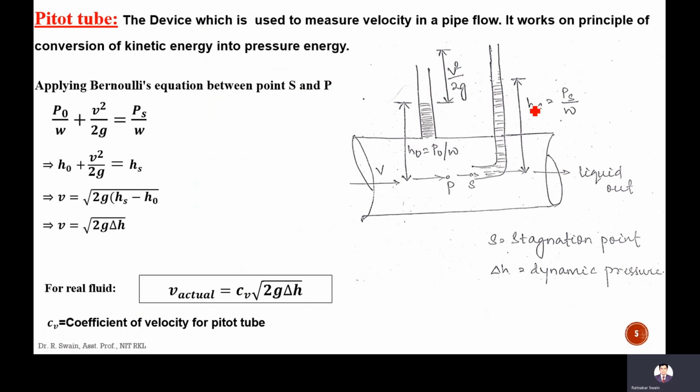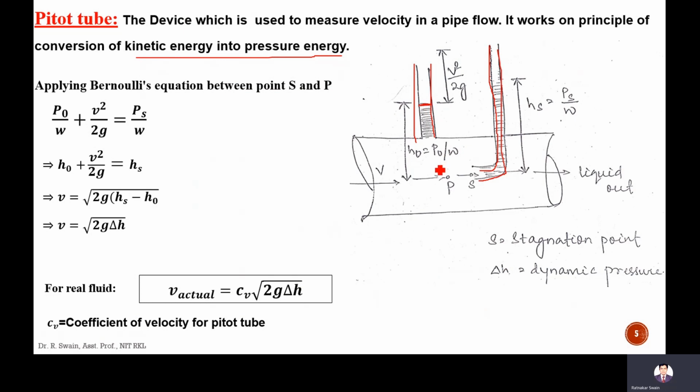Next is Pitot tube. This device is specially used to measure the velocity in a pipe flow. It works on the principle of conversion of kinetic energy into pressure energy. In the Pitot tube, a piezometric tube is inserted, which is L-shaped. When the tube is inserted, this piezometer is fixed to measure the pressure head at this point.